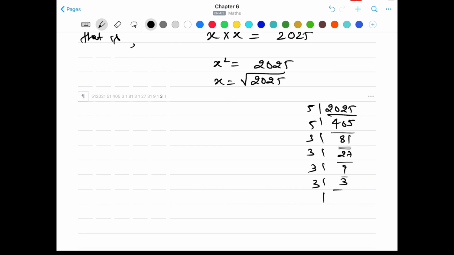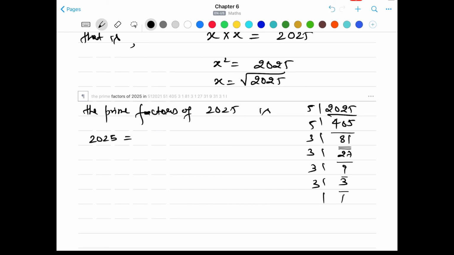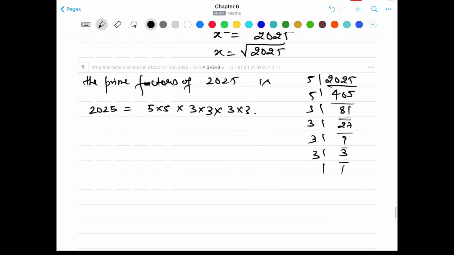Again dividing by 3, we'll get 3, and again dividing by 3, we'll get 1. So the prime factors of 2025: 2025 equals 5 into 5 into 3 into 3 into 3 into 3.